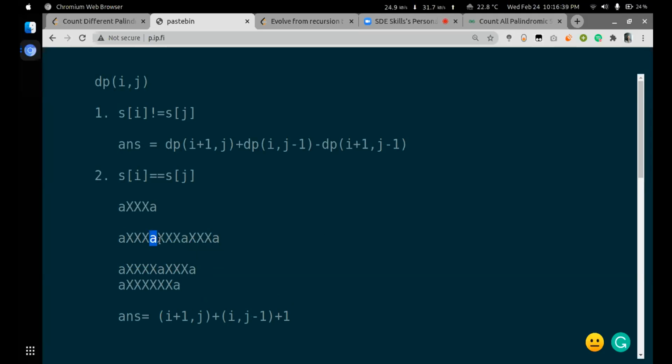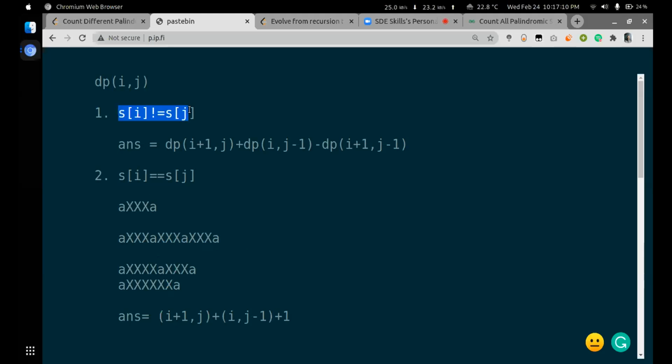And again, if I take these two A's as the endpoints, they will form some palindromes again. So some of the palindromes are getting repeated again and again. This is why we need to take care of the distinct ones and remove all the cases where we are taking the same palindromes again and again. So when both the extreme endpoints are the same, this formula won't work.